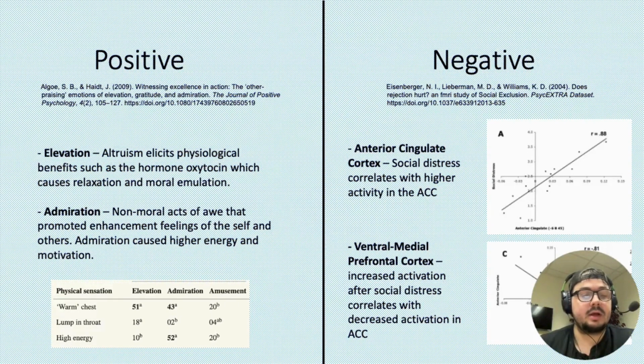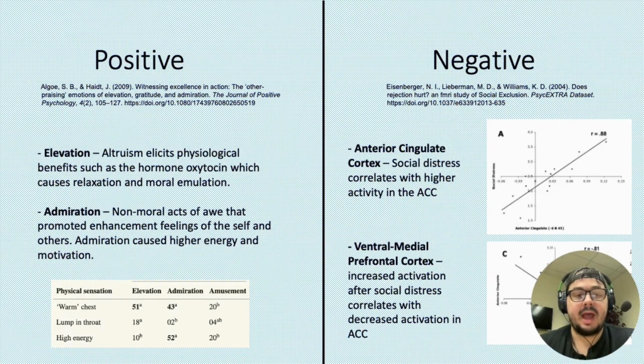In this experiment, we see more physiological effects of warm chests, relaxation, and more trustworthiness towards people in the elevation condition. And in videos with the admiration motivation, people found more energy, and they felt more motivated to do impressive things. Generally, a positive social scenario brings out positive emotions and positive physiological benefits.